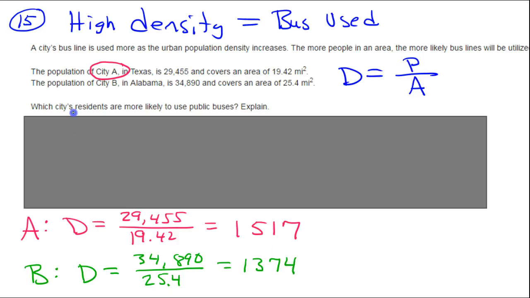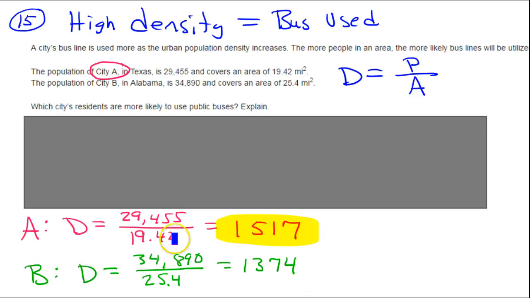Okay, which city's residents are more likely to use the public buses? Well, higher density means more likely to use those buses. So whoever has the higher density, and we can see that city A has the higher density.